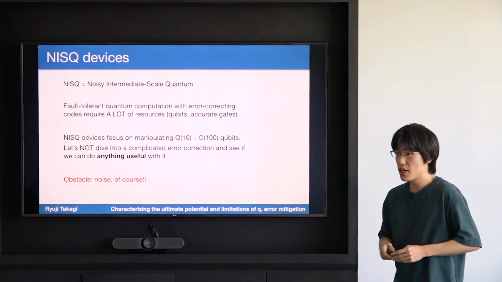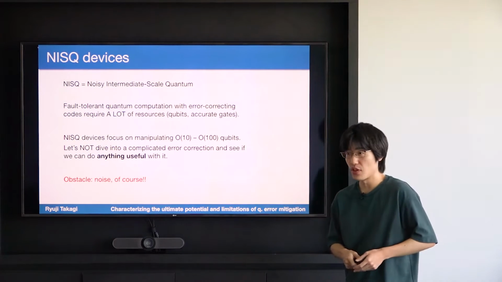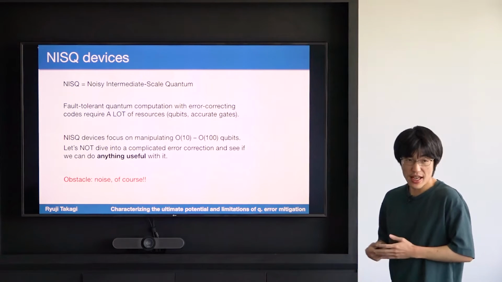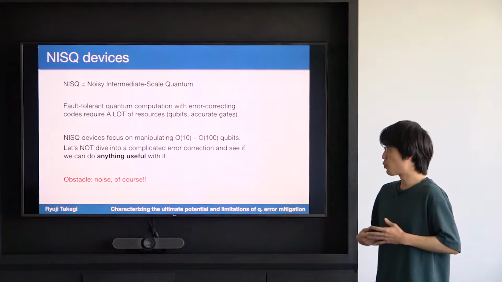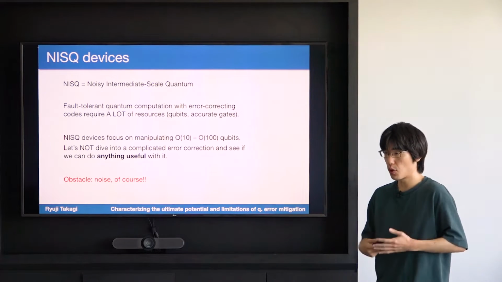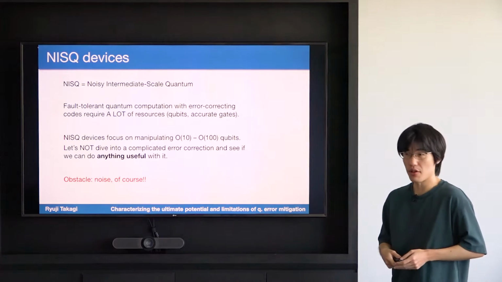To set up the stage, when I say NISQ devices, it means noisy intermediate-scale quantum devices. And the idea of that is, of course, one of the ultimate goals in quantum information science is to build fault-tolerant quantum computation that is helped by error correcting codes.